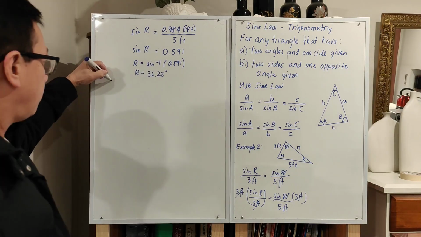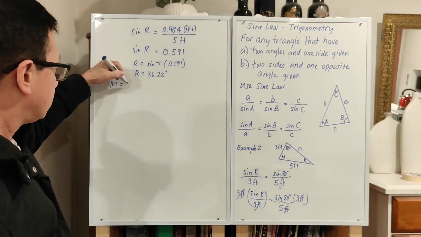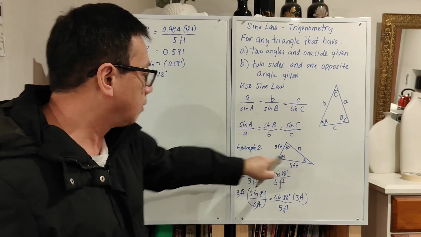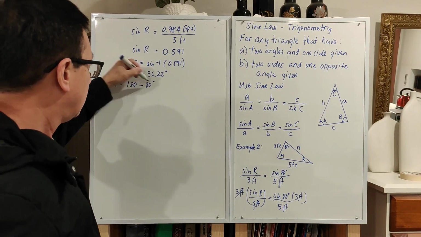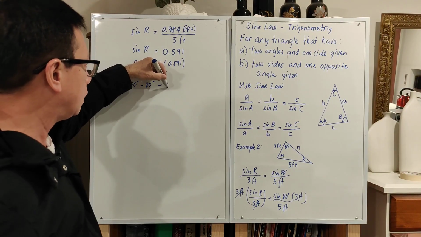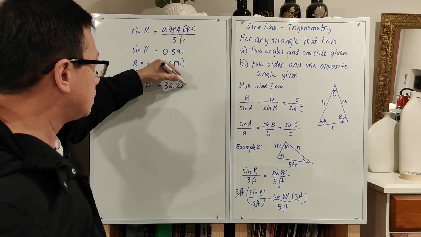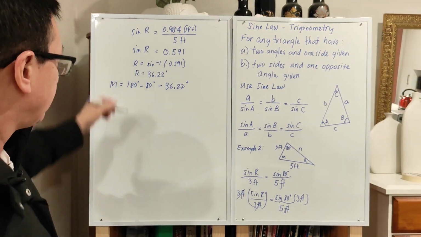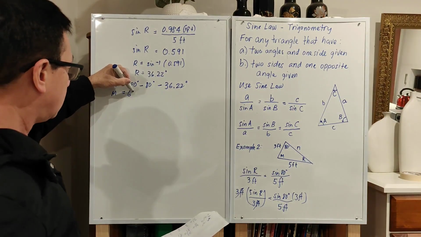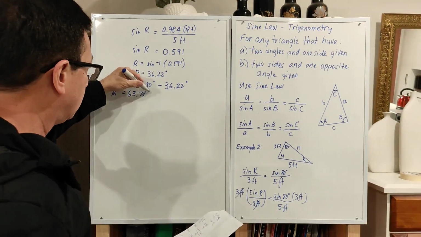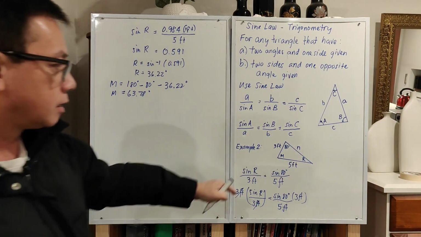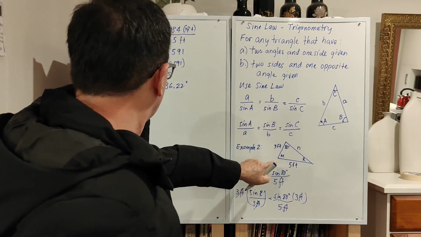So angle M is 180 minus 80 degrees minus 36.22 degrees. So your angle M is 63.78 degrees.